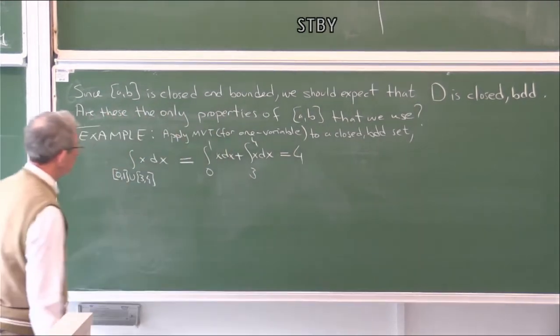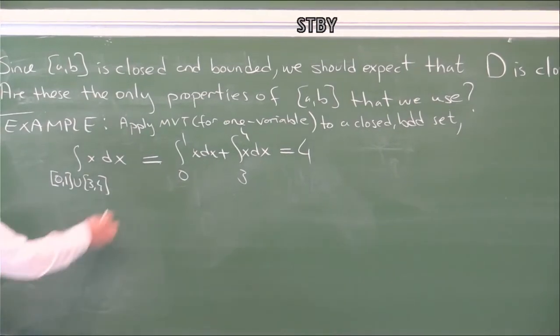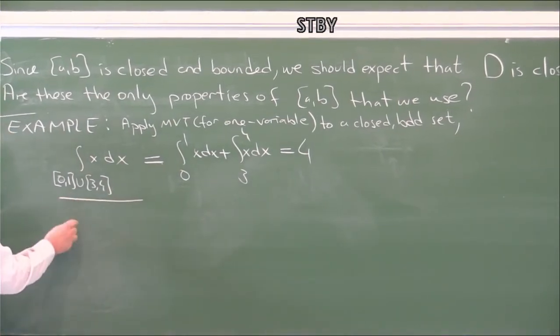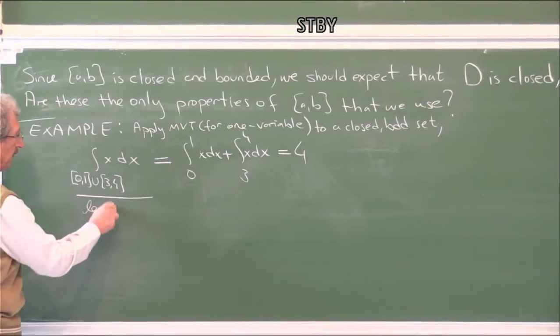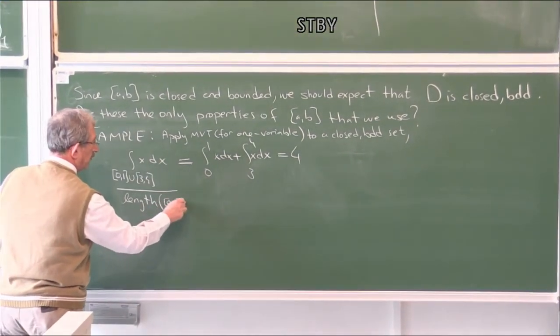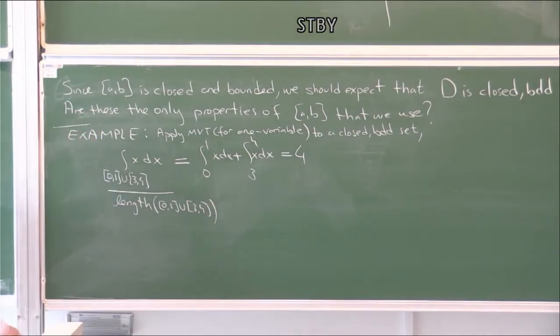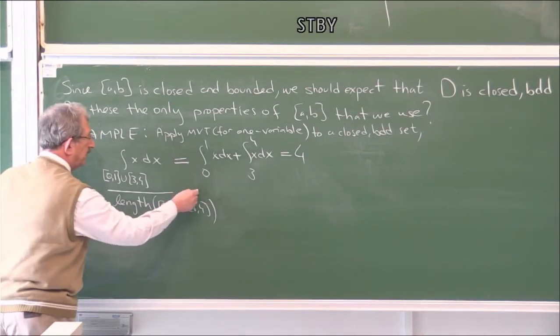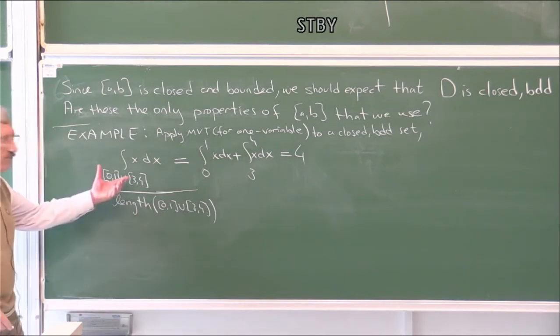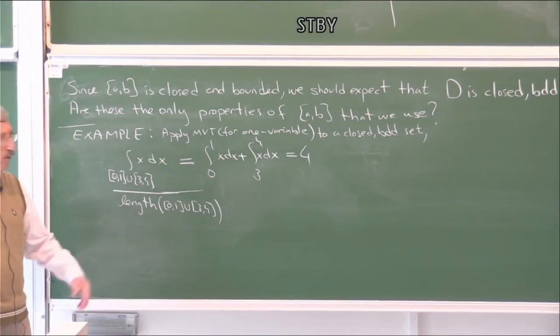Well, remember we divided this by the length. The length of an interval is clear, but if you have two disjoint intervals, it is again more or less obvious.